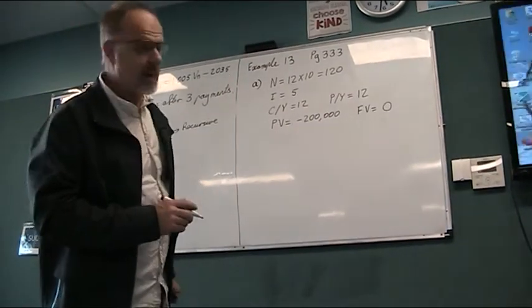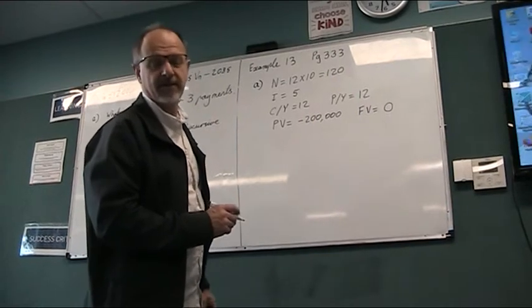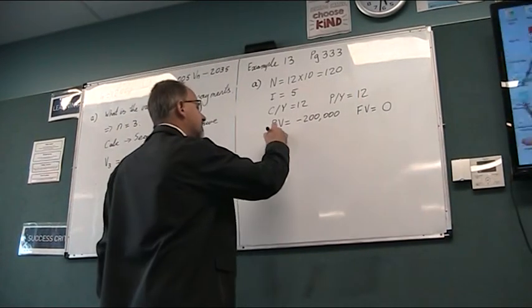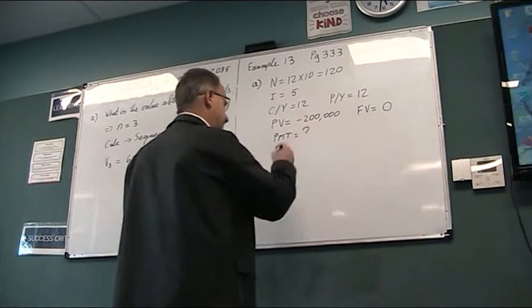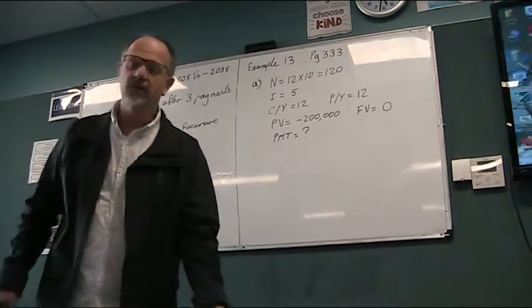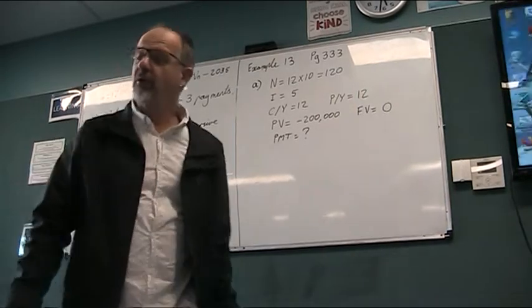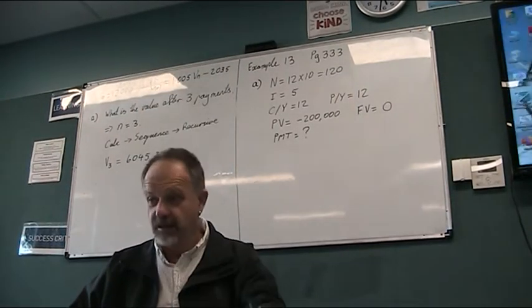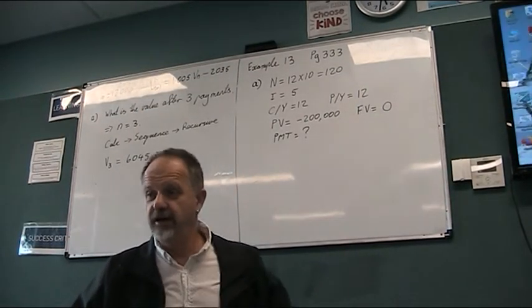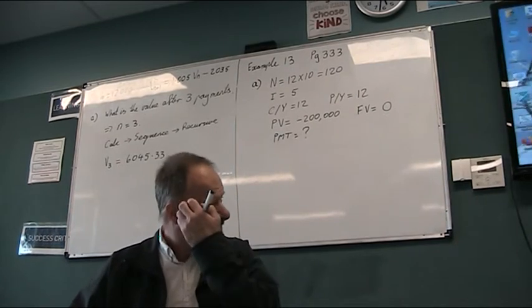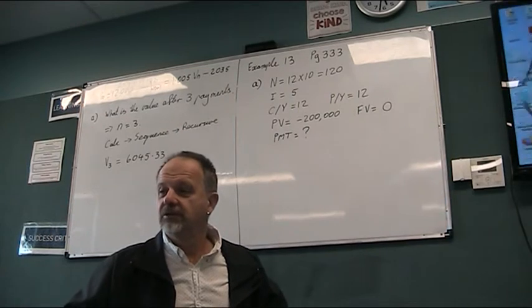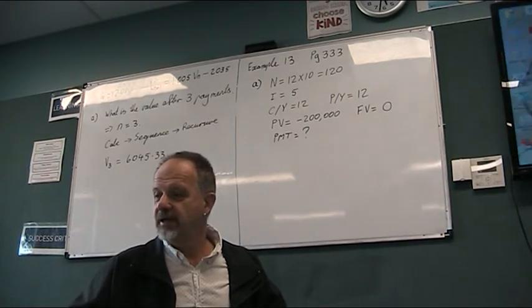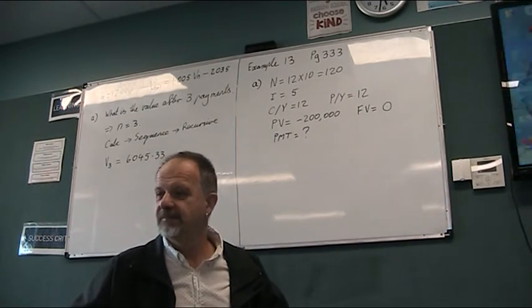All right, so then what are we after? How much is Joe going to get from that? So that's where we go to our financial solver. So 120 is the number of payments.